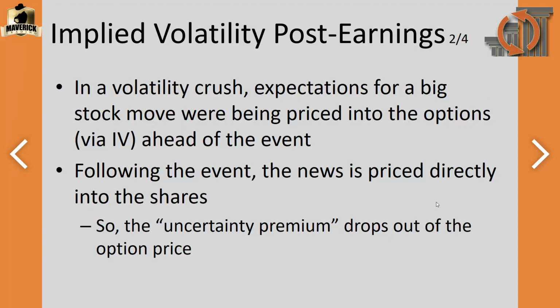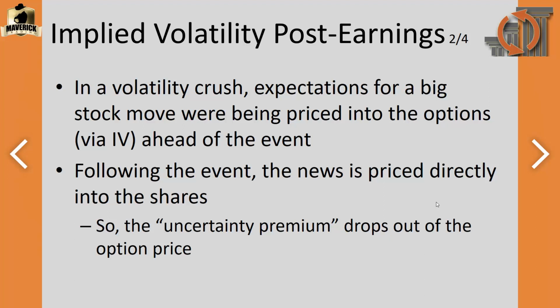The implied volatility is elevated, and you're paying a premium, a high price for that. The news comes out, and it's decent, and the stock goes up from $50 to $51 per share. But your calls that cost you $4 collapse down to $2 in value.